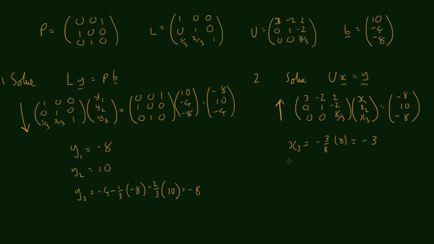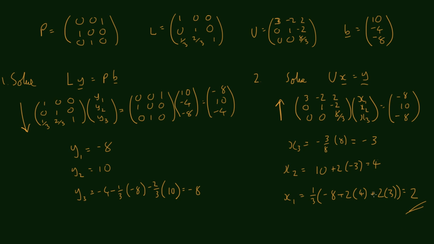For x2, we'll have 10 plus 2 lots of x3, which is -3, so that becomes 4. And finally x1: the coefficient of x1 is 3, so we multiply by 1/3, we have -8 plus 2x2 minus 2x3, so that's 1/3 of 6, which is 2. So that's our solution.